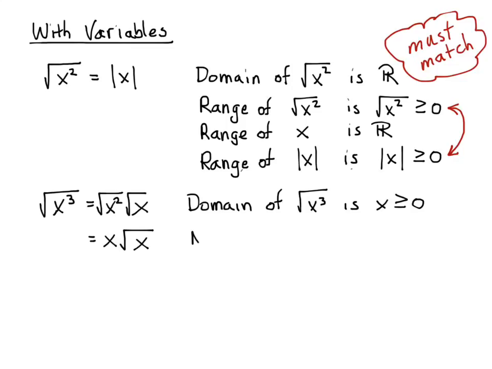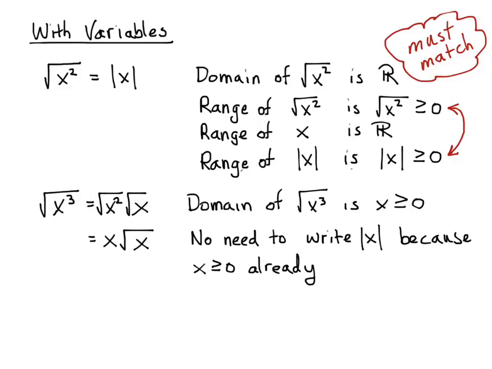And so if we were to do this in the usual fashion, we would get x times the square root of x. Now notice here, when I simplify the square root of x squared, I just get x. I don't have to put the absolute value here, because I already have a domain restriction that says x will never be negative anyway.